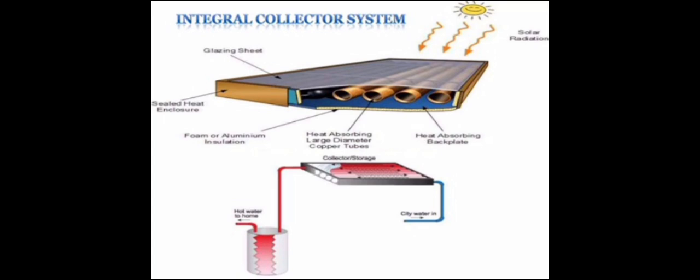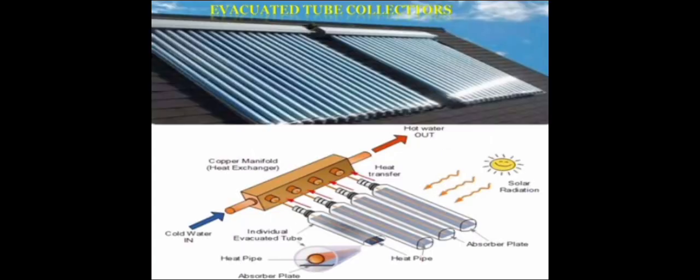The next solar collector we are going to see is evacuated tube collector. The evacuated tube collectors consist of a number of rows of parallel transparent glass tubes connected to a header pipe and which are used in place of the blanketed heat absorbing plate.